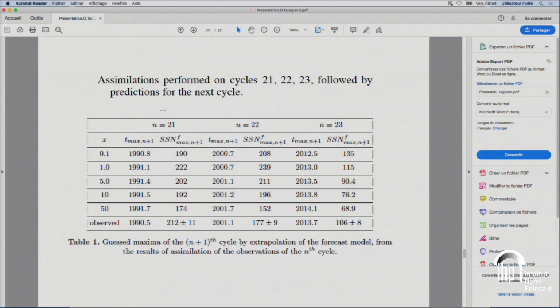And if you see the number of sunspots, you also see, for example, in cycle 24, the number of sunspots I've showed you was much smaller than before, and this is present in the prediction. So there is predictability, not very accurate predictability, but there is predictability.